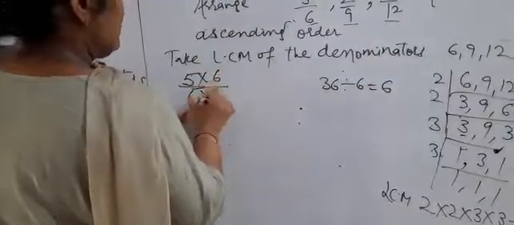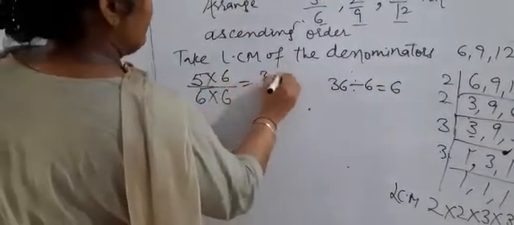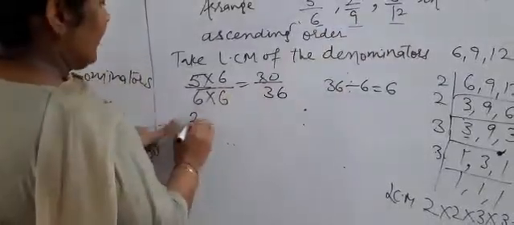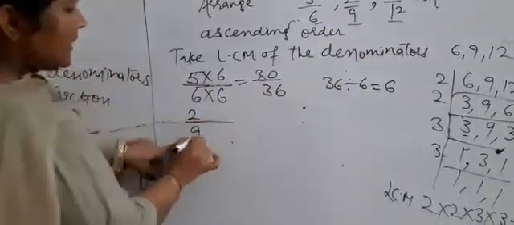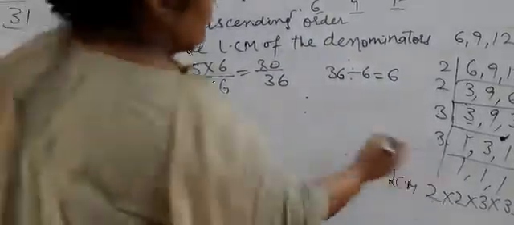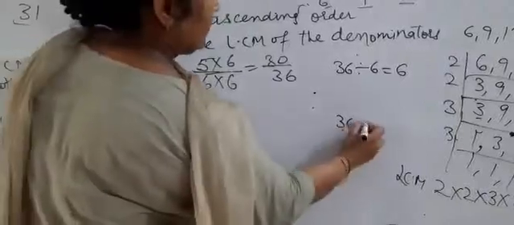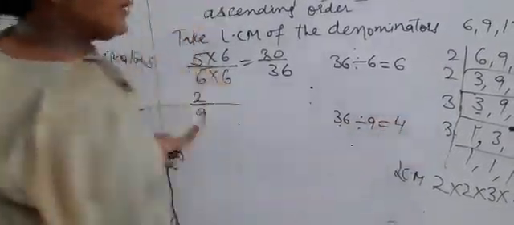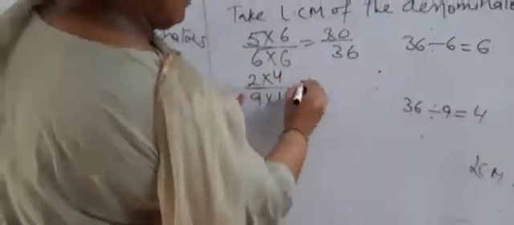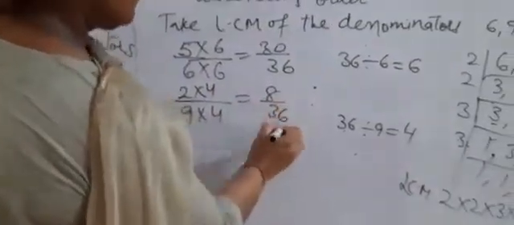Means this 5 upon 6 will be multiplied and divided by 6. Now, next 2 upon 9. How will this 9 become 36? What is the procedure? Take this LCM and divide by this 9. 9 4s are 36. Means you will divide and multiply this fraction by 4. 2 4s are 8, 9 4s are 36.